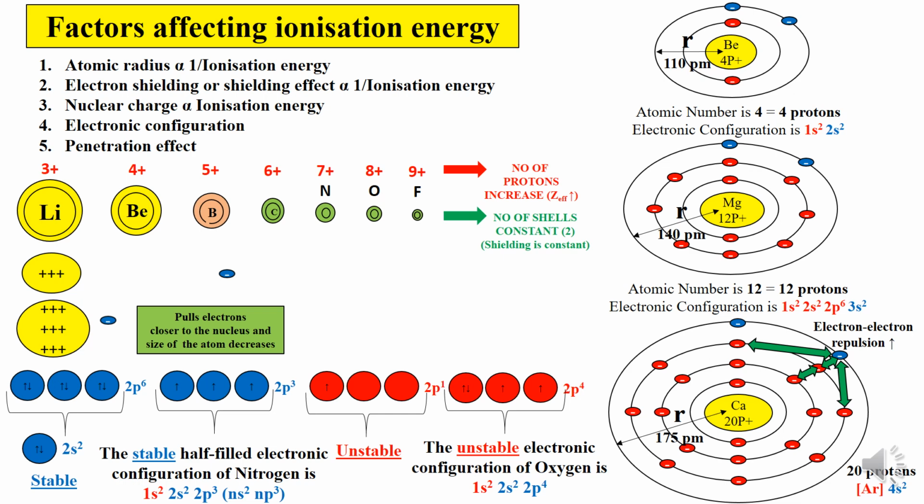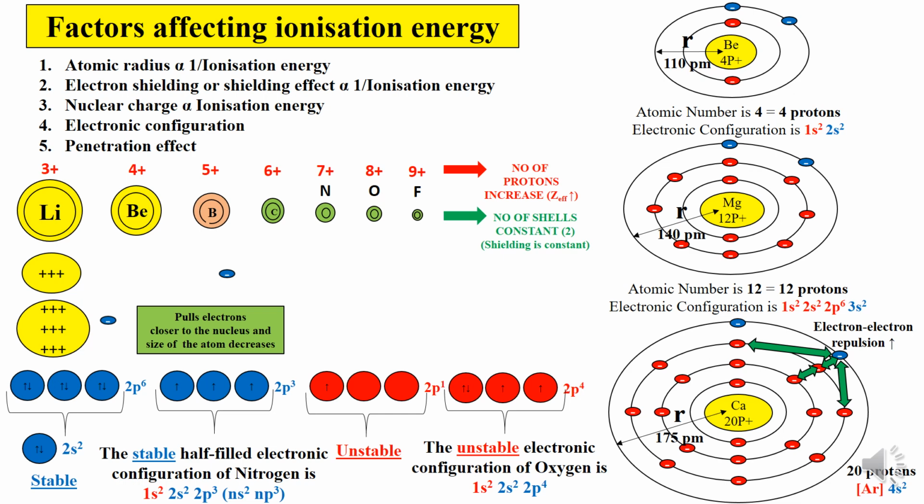As you move from left to right in the periodic table, you'll see that the atomic size decreases. Starting from lithium, followed by beryllium, boron, carbon, nitrogen, oxygen and fluorine, you can see the atomic size decreases.